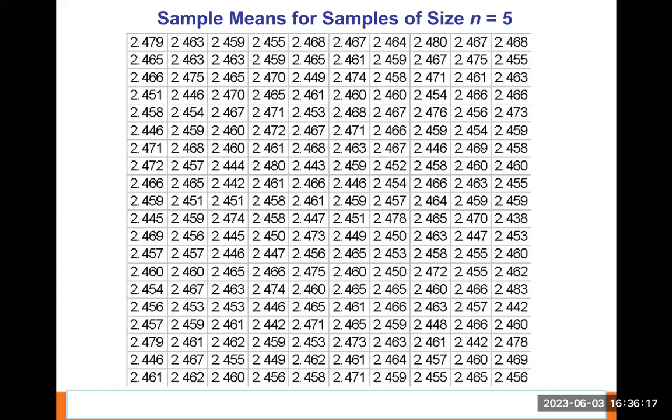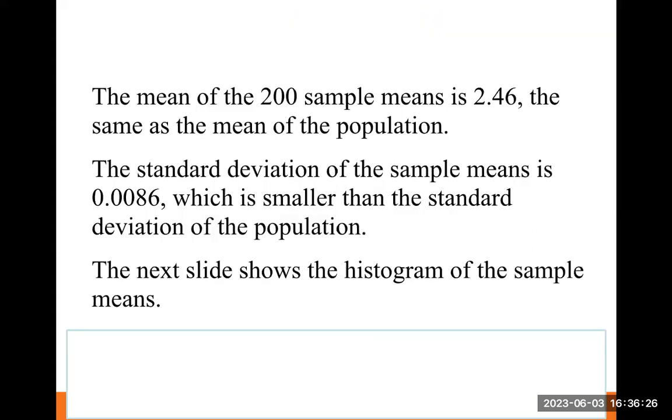Now they did a frequency distribution to see how often each of these sample means came up. And the mean of those 200 sample means, so the average of the sample means, which is kind of weird, we're saying the sample mean of the mean, is also 2.46, which was the average weight of the original population of individual pennies.